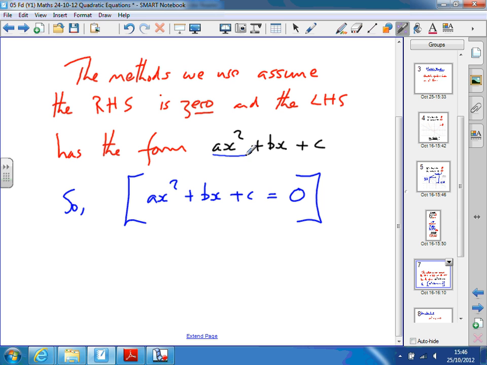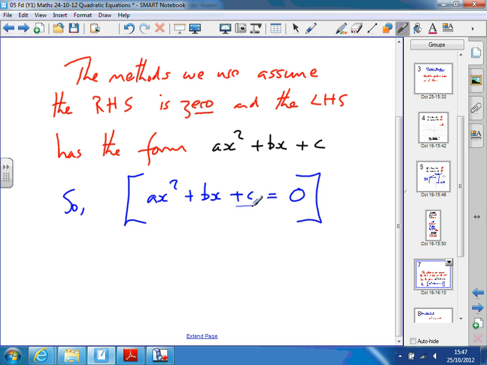It could be a fraction, a negative number, or a positive number. Then a term involving x, where b represents the coefficient of x, and some constant, some number as well. So those are the 3 possibilities: some term involving x squared, some term involving x, and some constant. And then the right-hand side equals 0.